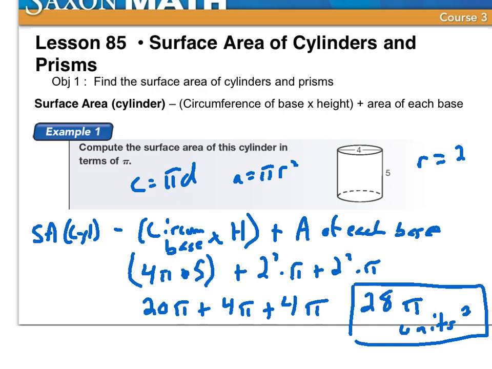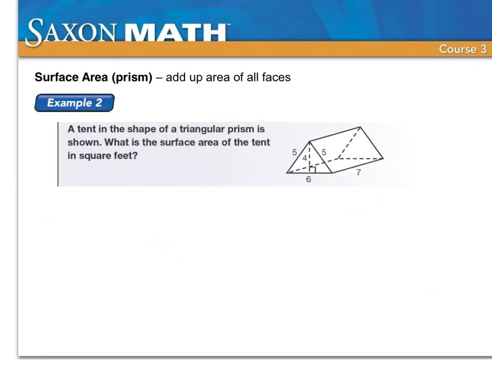Alright, but that's how to find the surface area of a cylinder. Let's go ahead and move on to the surface area of a prism on the next slide. To find the surface area of a prism, we're going to add up the area of all the faces. This is a triangular prism right here. We want to know the surface area in square feet. I need to add up the area of all the faces. There's a triangle here and a triangle on the back side.